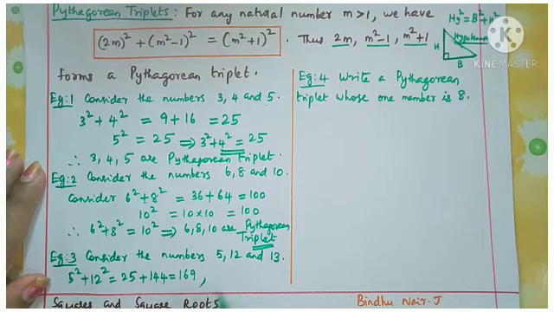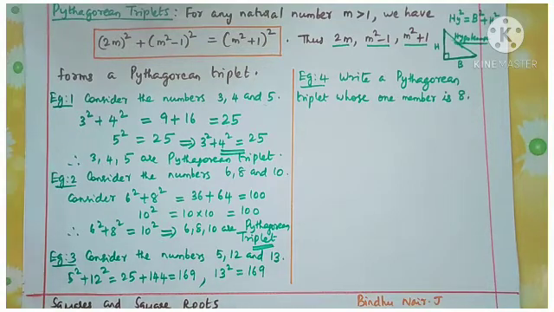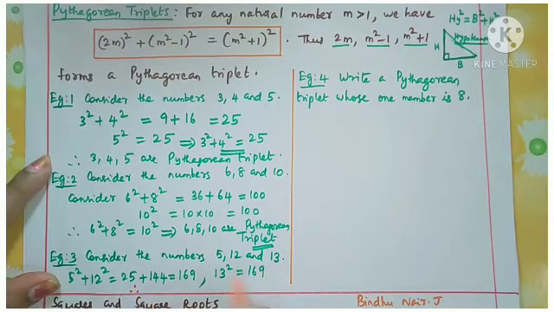And the bigger number, 13 square, is also 169. So 5 square plus 12 square is 169, and 13 square is also 169. Therefore these three numbers 5, 12, 13 are also a Pythagorean triplet.